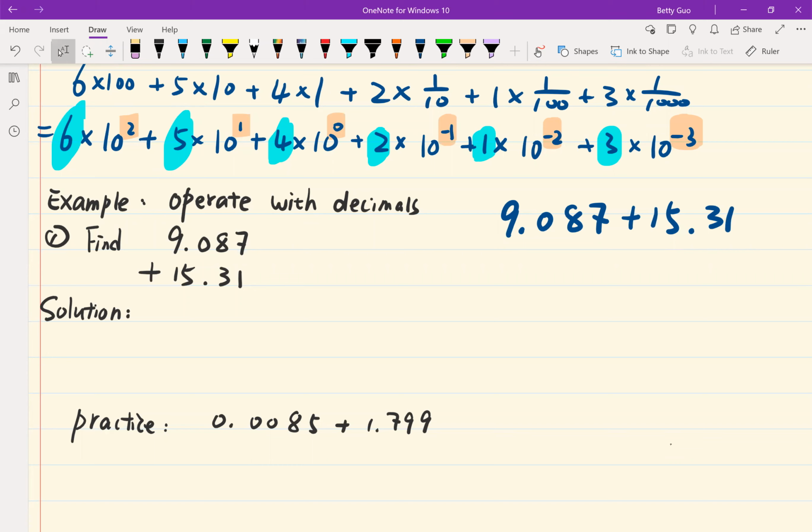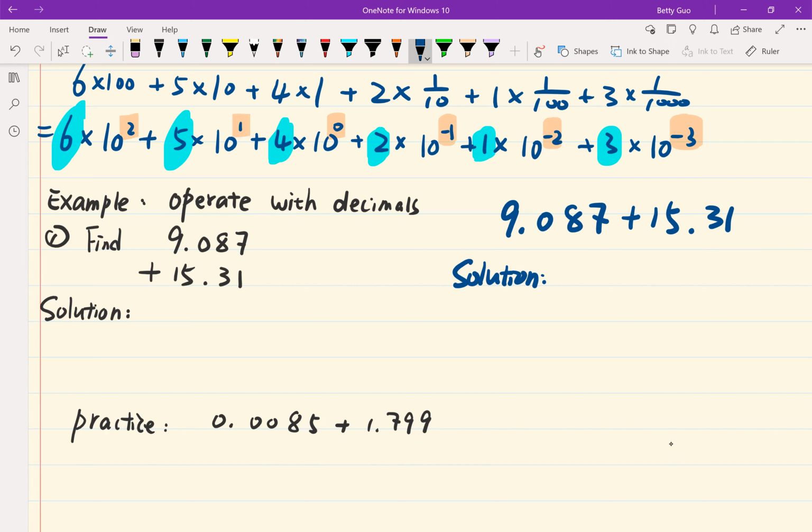We are adding the 2 decimals. Addition of decimals is very easy. Let me show you how we add the 2 decimals. We are going to process the addition vertically.